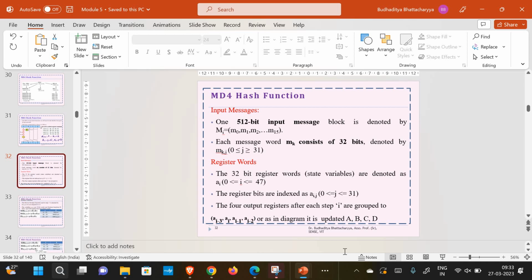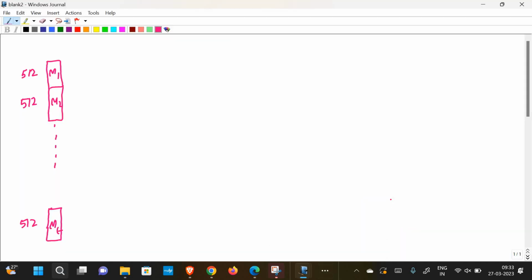So we go back. This is my M1 block, right? Now suppose we focus on any one of these blocks. Let me go through the process first. There should be 3 replicas of the same data.